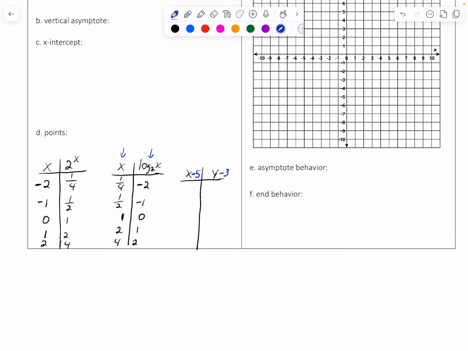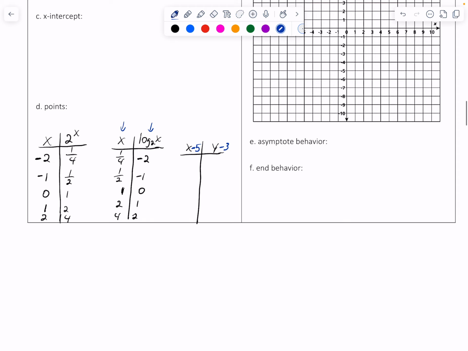that middle table. All right, so 1/4 is 0.25, -5 is going to be -4.75. 1/2 is 0.5, -5 is going to be -4.5. 1 minus 5 is -4. 2 minus 5 is -3, and 4 minus 5 is -1. Taking all these y values and subtracting 3 gives me -5, -4, -3, -2, and -1.